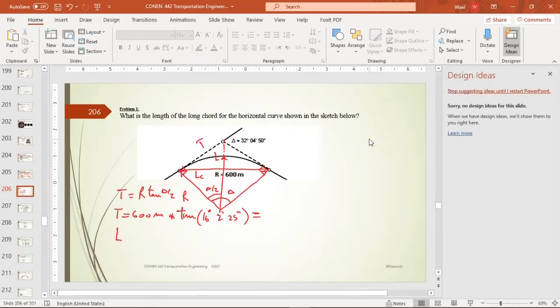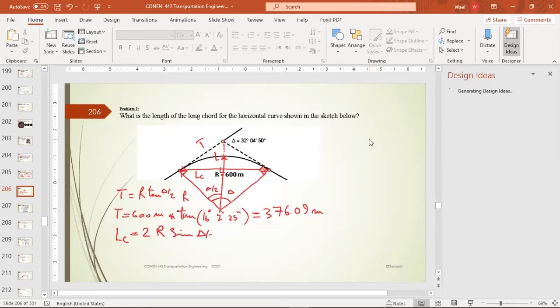The long chord, this is perpendicular. So it's basically, this is R here, R sine. The tangent equals 376.09 meters. Thank you. The long chord is basically 2R sine delta over 2.